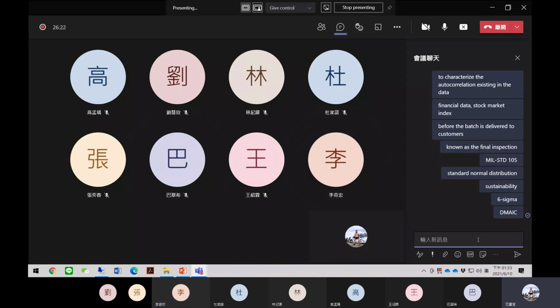DMAIC. Could you give me a brief description for each letter?